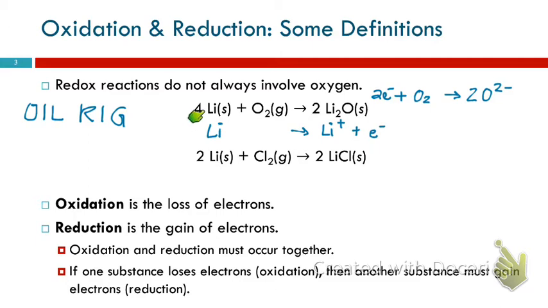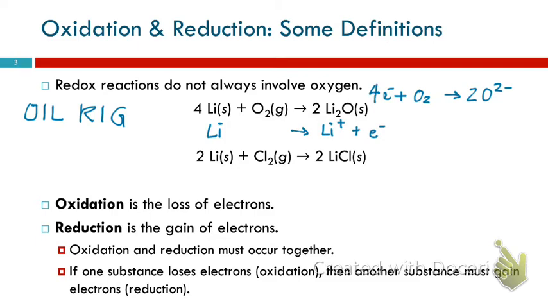So we had 4 lithium atoms, and they each lost an electron. And we have oxygen gaining 2 electrons. My brain is, no, it's not 2 electrons. I knew something was off. Each atom gains 2 electrons.